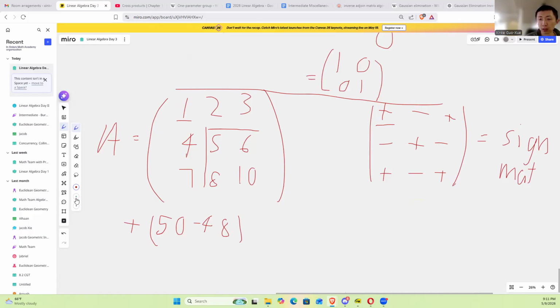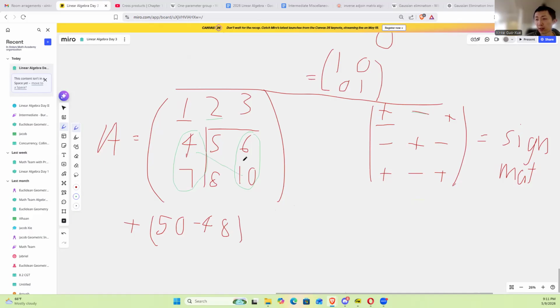Now we take the first row, second column. We look at the 2 by 2 matrix formed by deleting the row and column it's in, the cofactor matrix of 2, and take its determinant. We multiply by the number in the sign matrix.